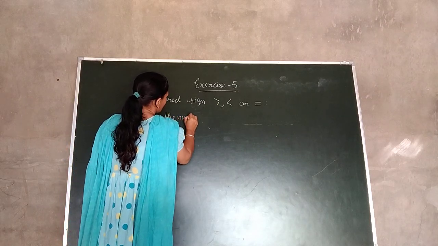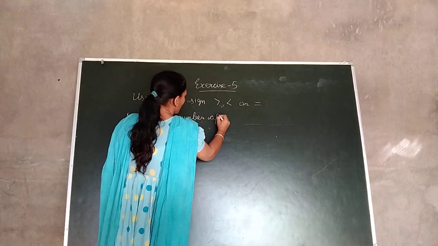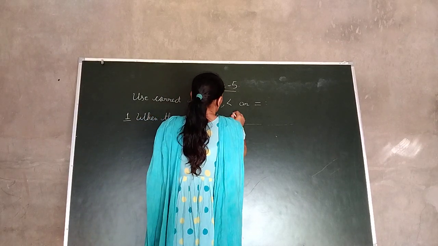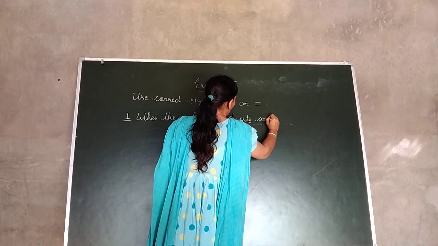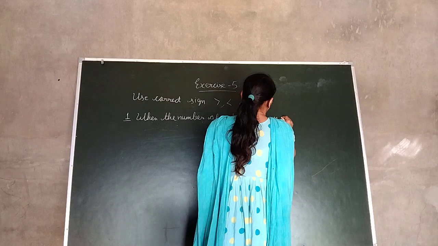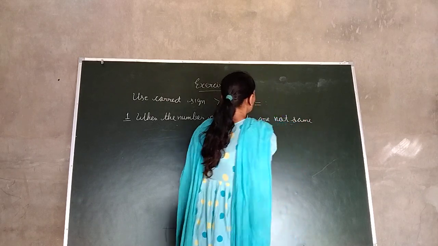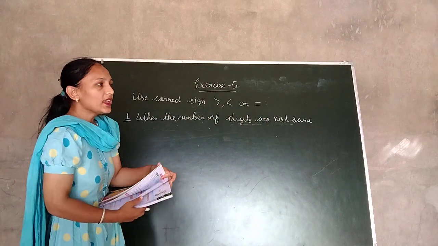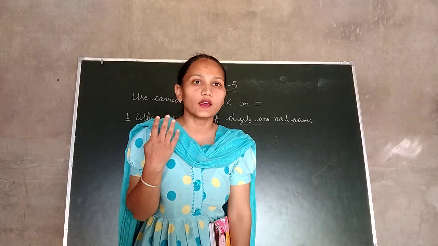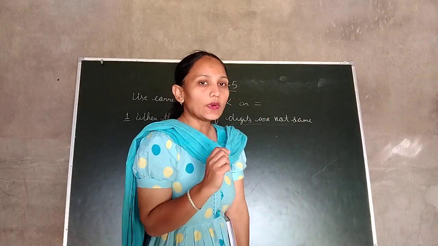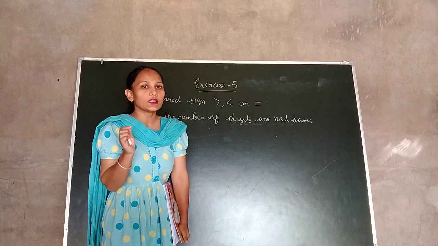Suppose we have a number, one has 3 digits and one has 4 digits. The number which has more digits, that number is greater.